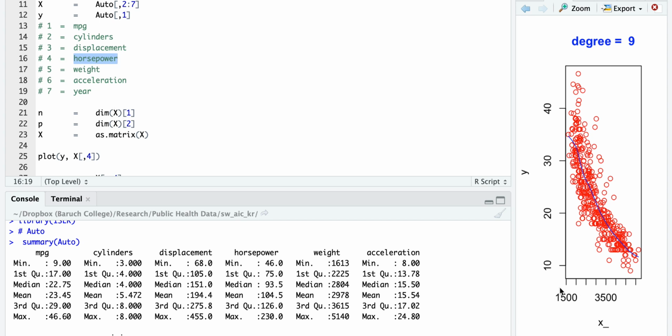So the horizontal axis is horsepower, the vertical axis is miles per gallon, and we want to use horsepower to predict miles per gallon. We want to see what's the underlying relationship.